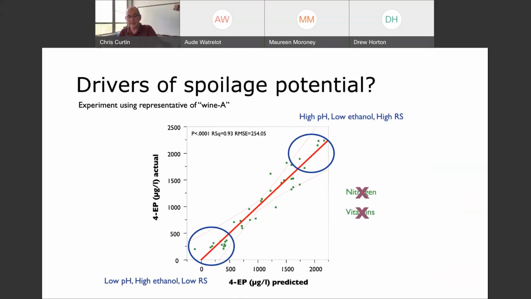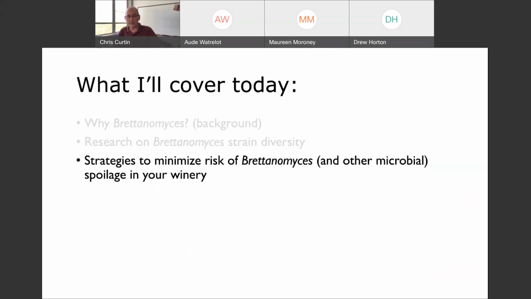But overwhelmingly, these were the factors. And pH itself isn't a huge factor. It's more to do with its effects upon sulfur dioxide that I'll get to in a little while. All right, but what you can take from that is, for the worst strain, the worst situation you could be in is to have a wine that is high pH and contains 5 grams per litre residual sugar.